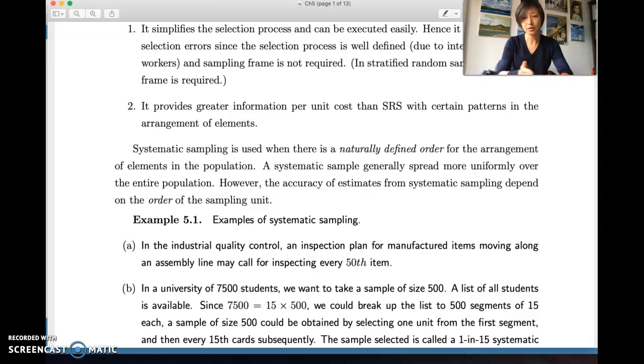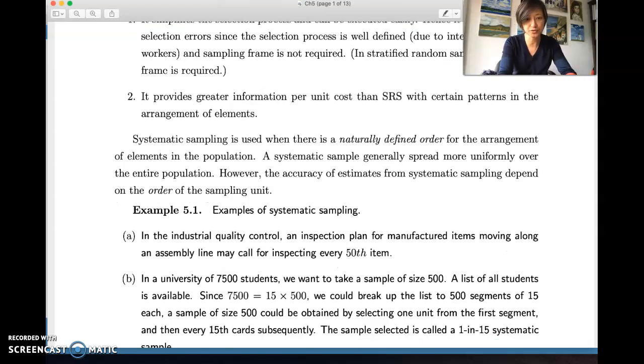So all of the samples chosen would be naturally defined and spread more uniformly across the entire population. Okay, and how well we can form this kind of sample really depends on the order of the population that we arrange. Okay, we come back to this.